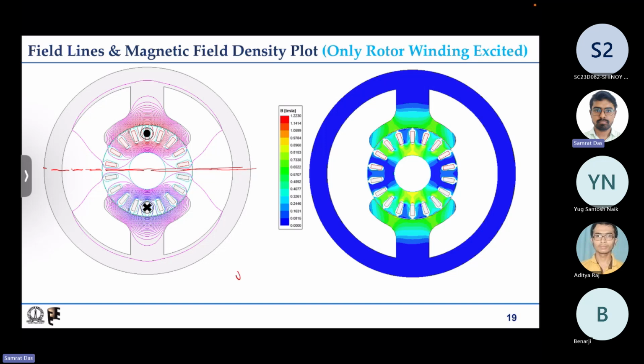Reluctance is 1 by mu naught, L by area. I'm just concerned about the reluctance of the air gap portion. Because this length is quite high, the reluctance is very high. So the high reluctance along that path causes the flux density to be quite low.